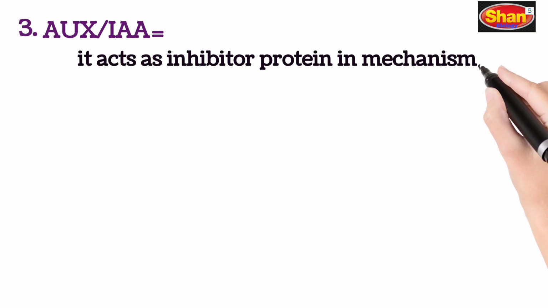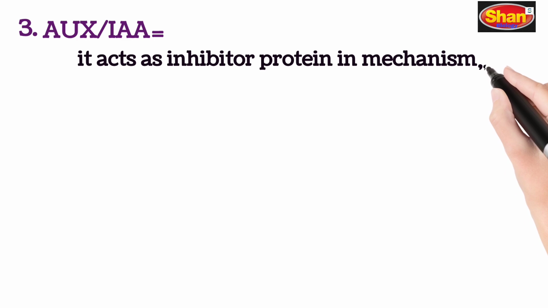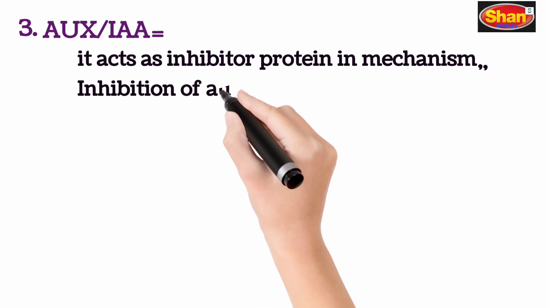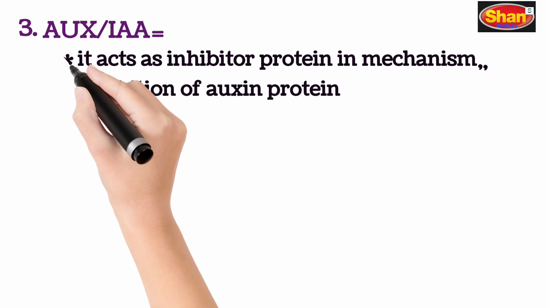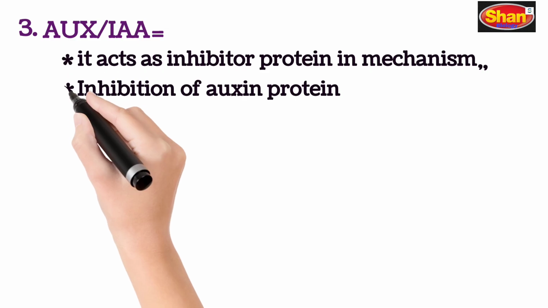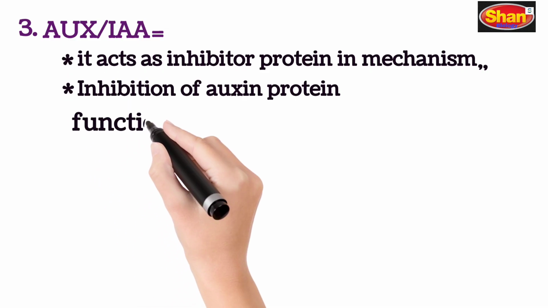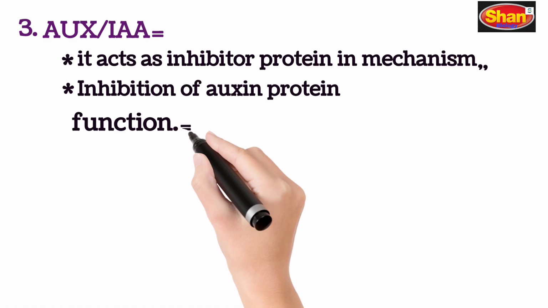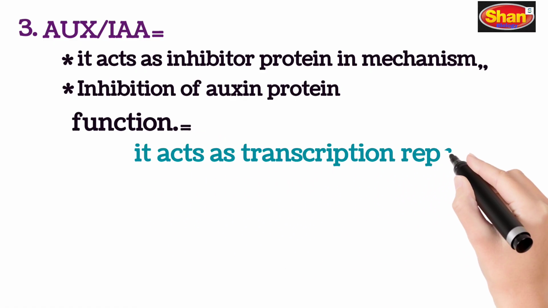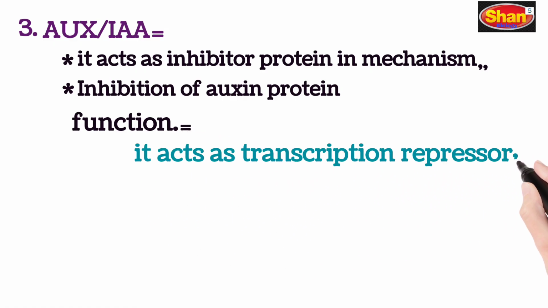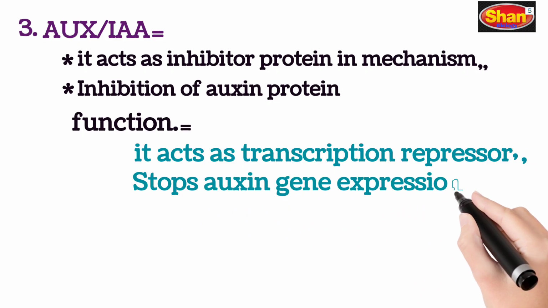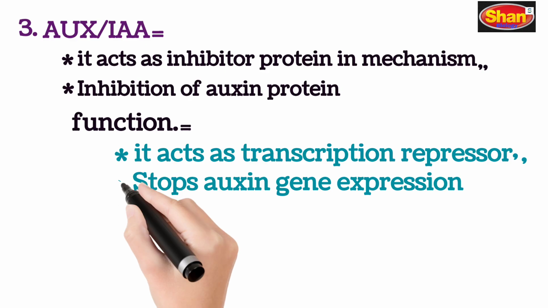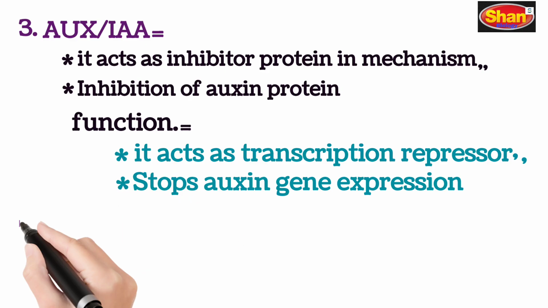It is a significant protein used in the mechanism. It acts as an inhibitor protein. And this protein stops expression of auxin genes, or we can say auxin proteins. This protein has two important primary functions. Number one, it stops transcription. It acts as a transcription repressor. Second function is it stops auxin gene expression. Now let me tell you how.